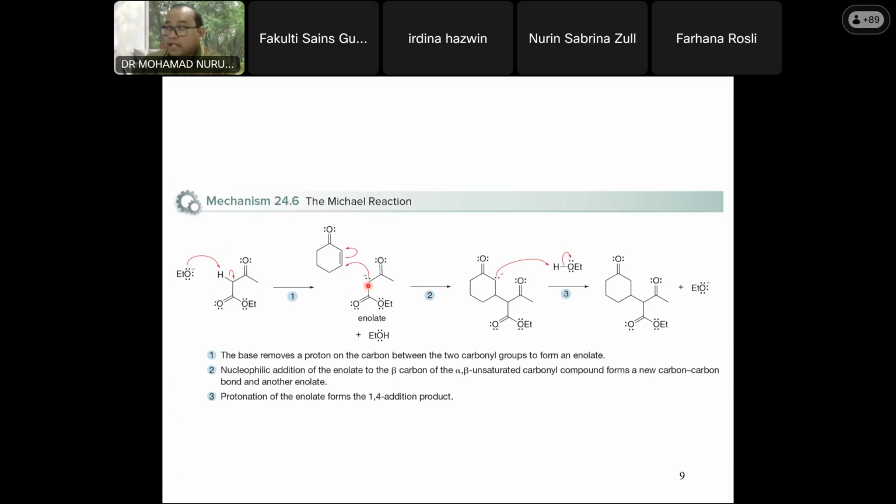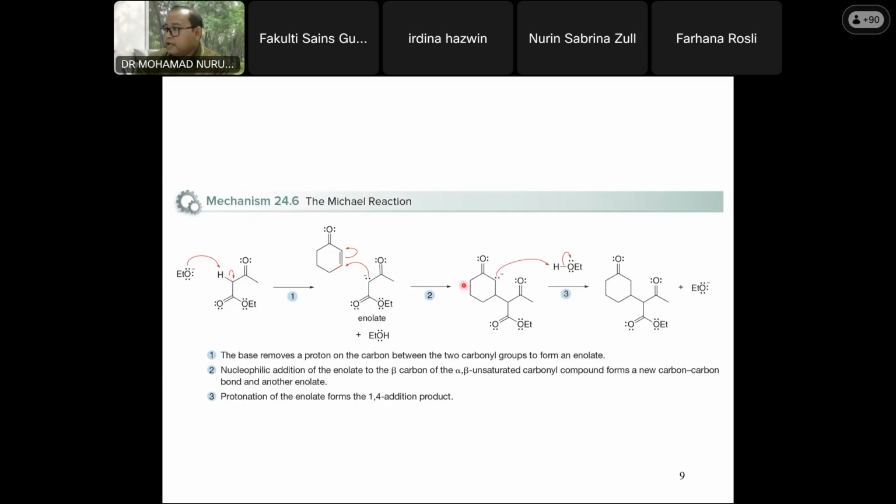It's a nucleophile, and the nucleophile will attack, as I said, at the beta position in Michael reactions. So this is the alpha position and this is the beta position. It will attack this electron-deficient carbon.